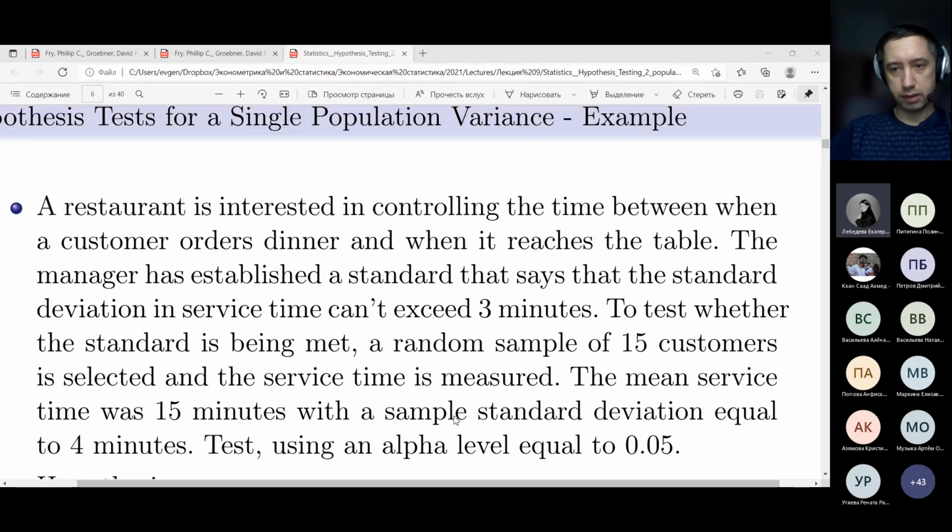Okay, let's wait a little. Okay, not bad. Now, everyone, please remember, we always work with variances. Hence, sigma means population standard deviation.